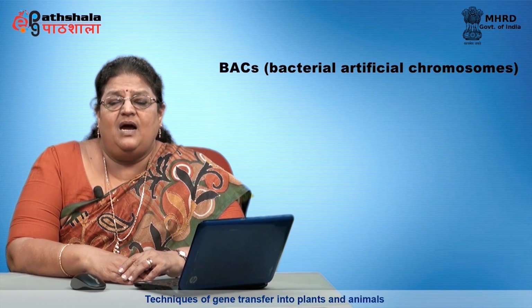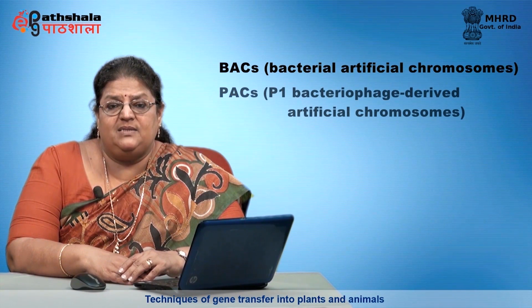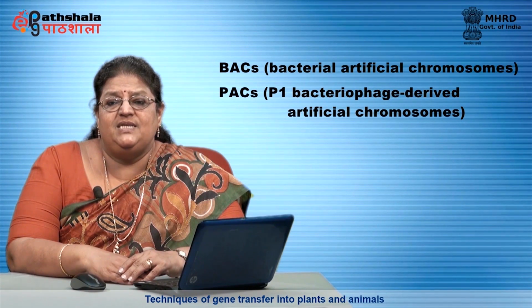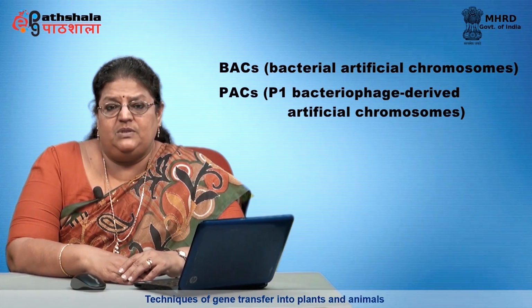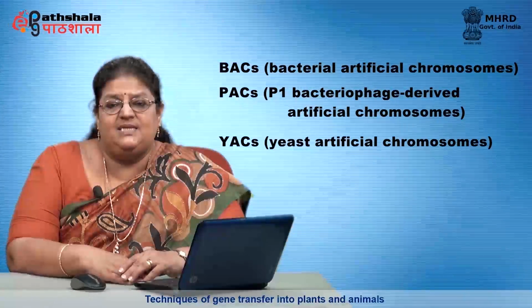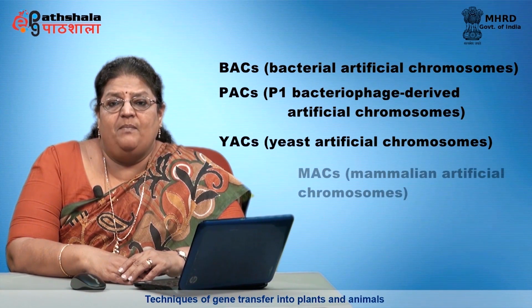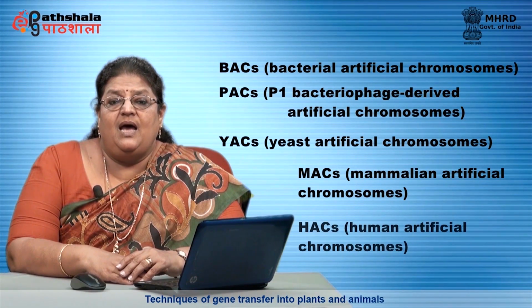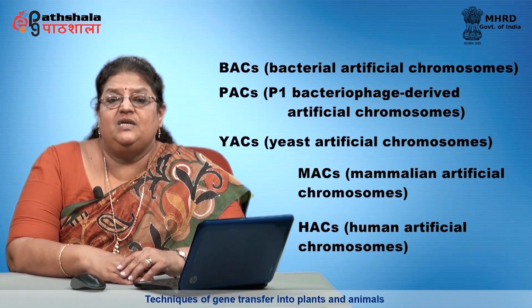The major artificial chromosomes include BACs or bacterial artificial chromosomes, PACs or P1 bacteriophage derived artificial chromosomes, YACs or yeast artificial chromosomes, MACs or mammalian artificial chromosomes, and HACs or human artificial chromosomes. Of all these types, YACs or yeast artificial chromosomes are the most widely used vectors.